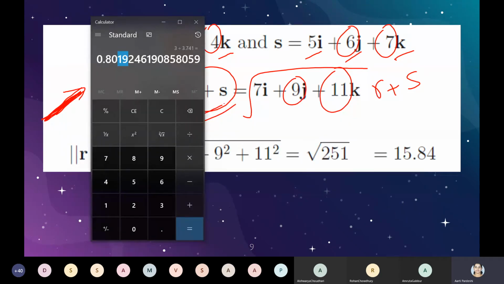So we will calculate the square root of 251. You can see here it is 15.84. The next digit is 29, so 2, that's why we are not going to round it off to 85. We will keep it as 84 only because of that 2.